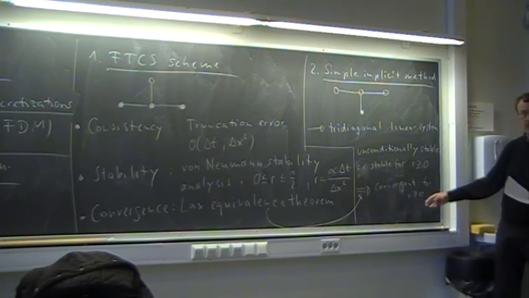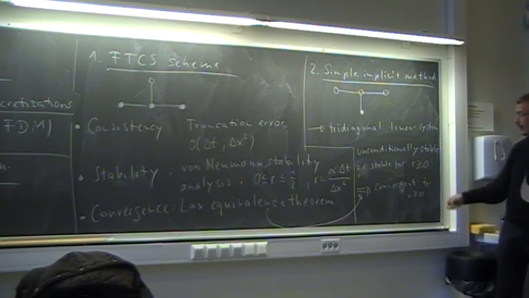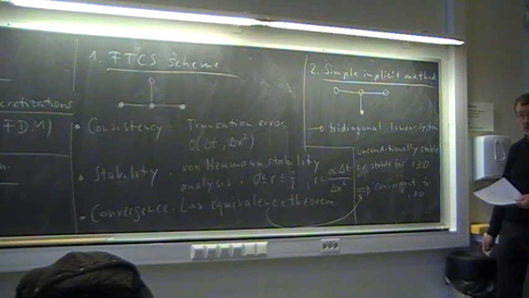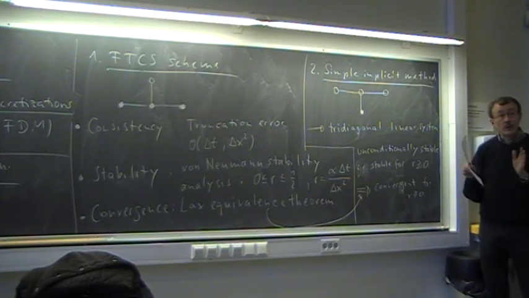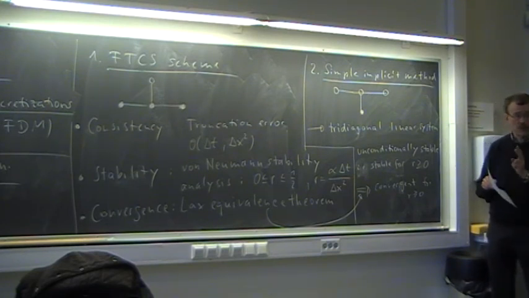So then our result is positive and the method is always convergent. It does not say that it is accurate. Remember, that is something different. Convergent just means that in the end we converge to the exact solution when we refine the grid spacing and the time step. But it doesn't tell you for your chosen delta x and delta t that you get good results. That is another story.